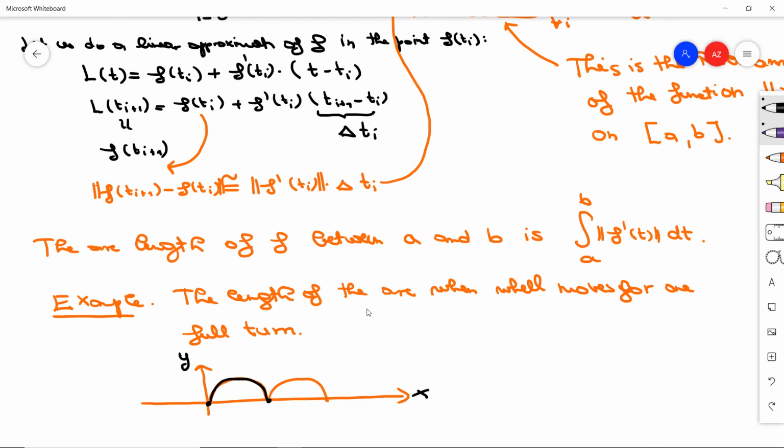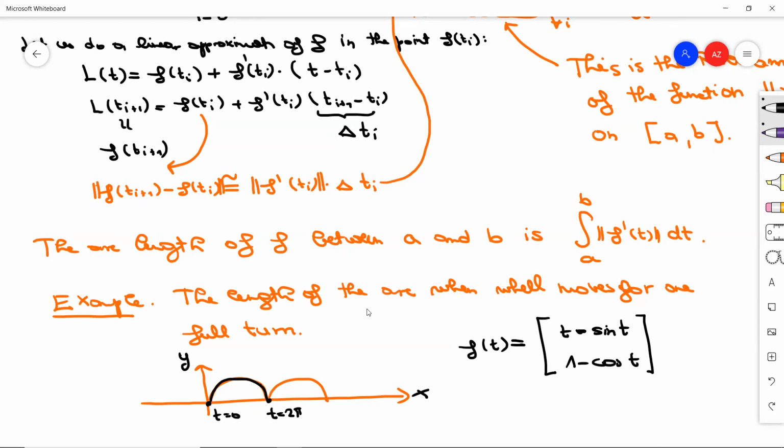By this formula, what we want to compute is for our f of t, our cycloid, which again is t minus sine t, and then 1 minus cosine t. Here t was 0, and here t was 2 pi.